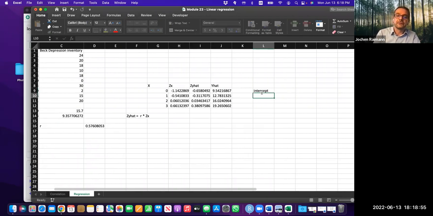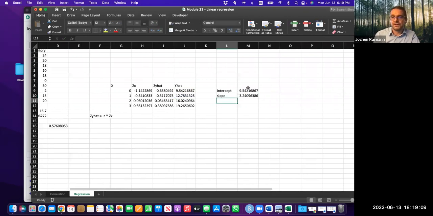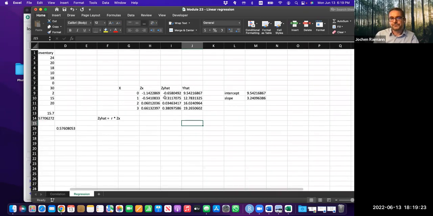That's the intercept, and the slope is 1 minus 0. That's your slope, because it's the increase from 0 to 1 or from 1 to 2. You could alternatively also do this one. It's still 3.2. So this is now your calculation. This is now your actual model.